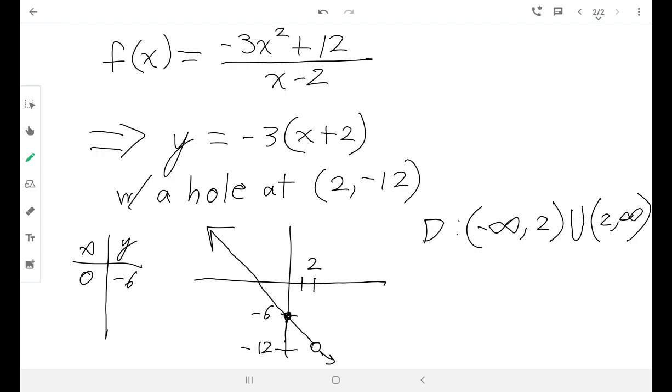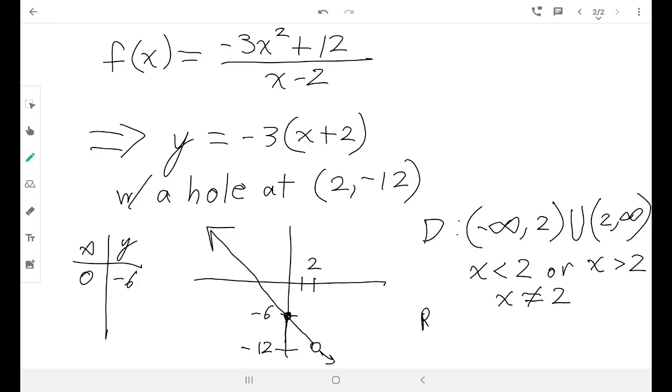We do all that to not include 2. The other way of saying that is that the domain is the x values less than 2 or the x values greater than 2. Another way of saying it is that x cannot equal 2.